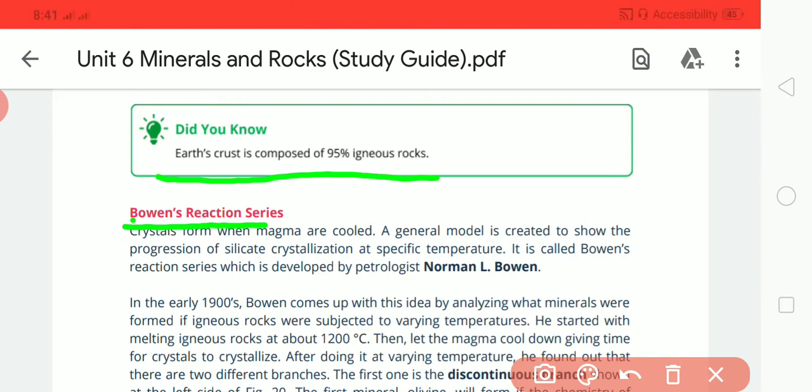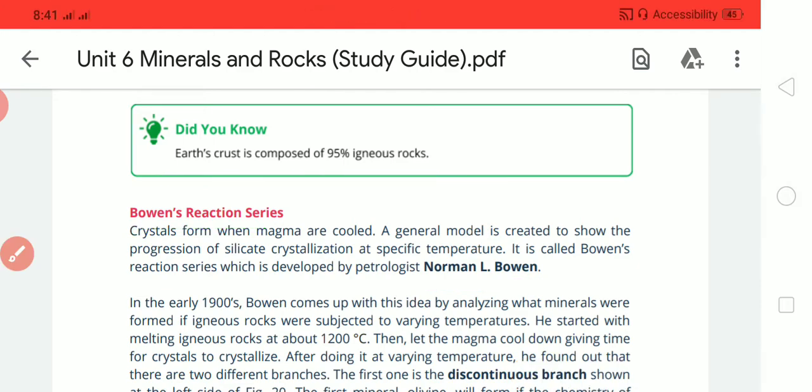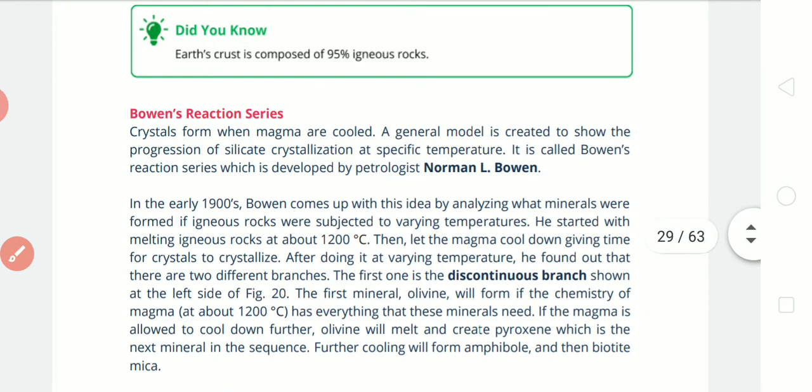So, Bowen's reaction series was actually developed by Norman L. Bowen. In the early 1900s, Bowen came up with the idea by analyzing what minerals were formed if igneous rocks were subjected to varying temperatures.